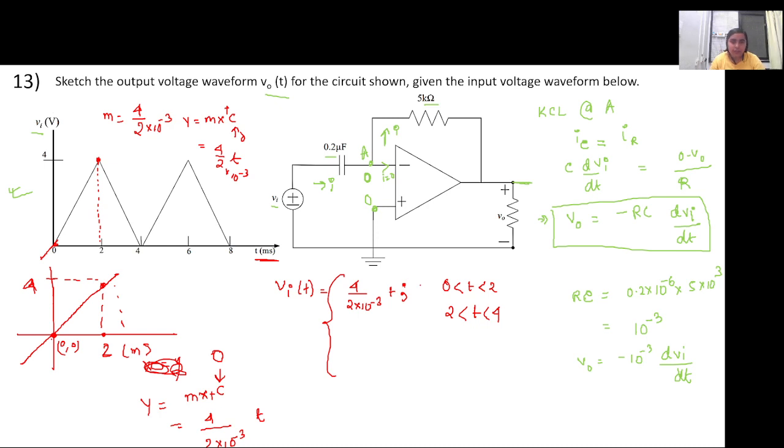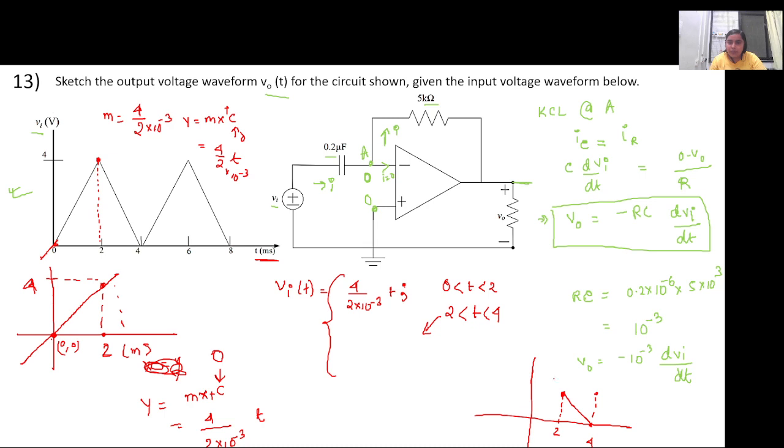Yes, ma'am. Okay. Now for the interval of 2 to 4, what will be the equation? I'll just draw the line like this. In this case, you see this is 2, this is 4, there is a line like this.